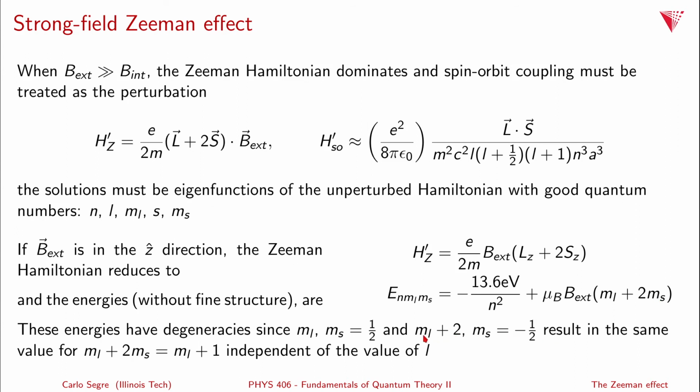If you also have M sub L plus 2 and M sub S equals minus 1/2, this will be M sub L plus 2 minus 1, which is M sub L plus 1. They both result in a value M sub L plus 1, independent of the value of L. Right? Because L does not exist in this, because L is only part of the spin orbit Hamiltonian.